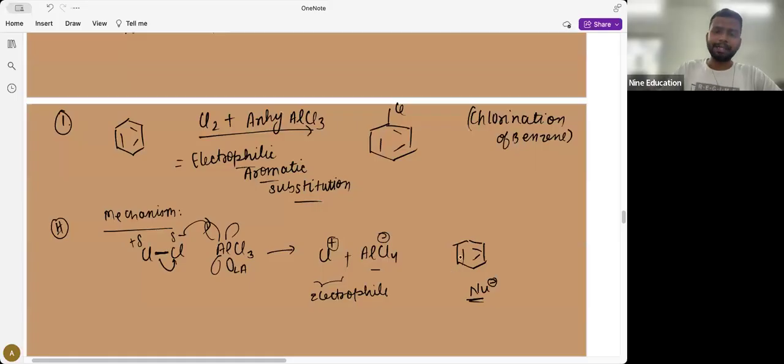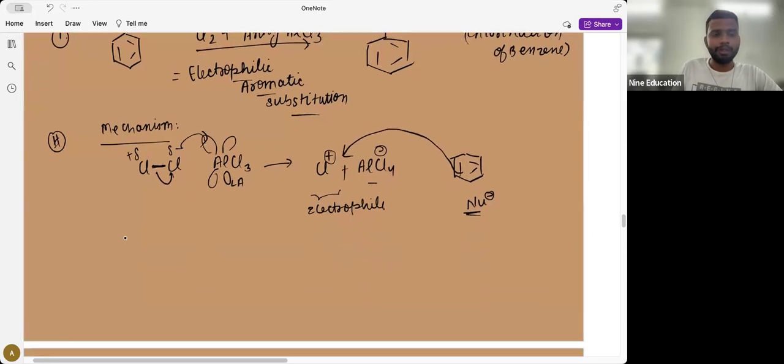Now the benzene double bond will try to attack on Cl further, right? So this double bond will shift this side, negative will come and will attack on chlorine here, and this positive will be made here.